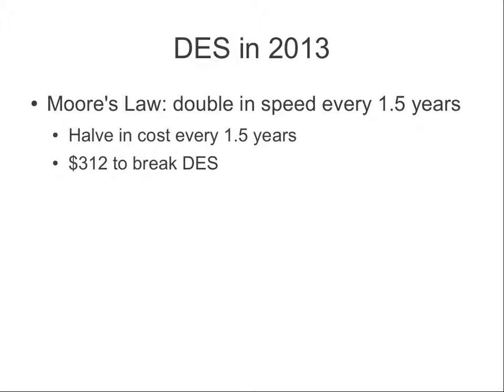Or, the other way, if I spend 100,000 baht today to buy a computer, which gives some speed, then in 1.5 years I could spend 50,000 baht to get the same speed computer. If it doubles in performance, it effectively halves in cost.